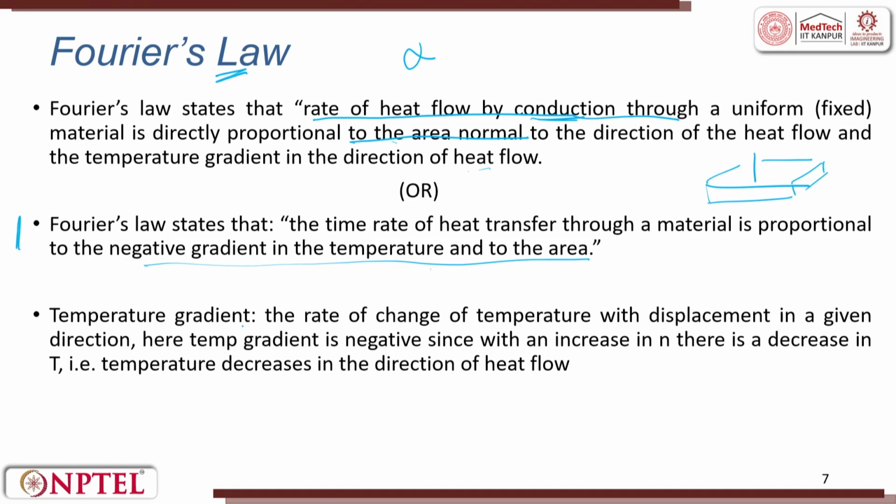The temperature gradient is the rate of change of temperature with displacement in a given direction, which you measure along the length. Here the temperature gradient is negative, since with an increase in n there is a decrease in T. The temperature decreases in the direction of heat flow.